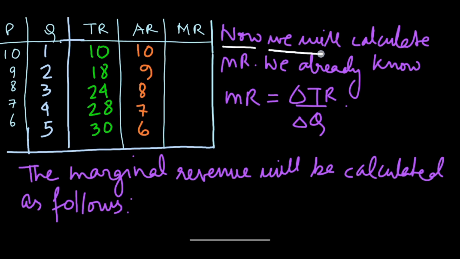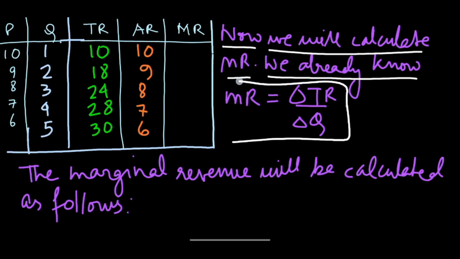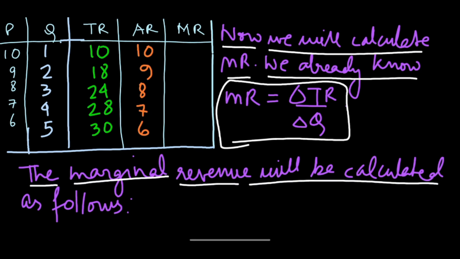Now we will calculate MR, or marginal revenue. We already know that MR is equal to delta TR by delta Q. Therefore, the marginal revenue is calculated as follows. First, 18 minus 10 divided by 2 minus 1 gives us 8.